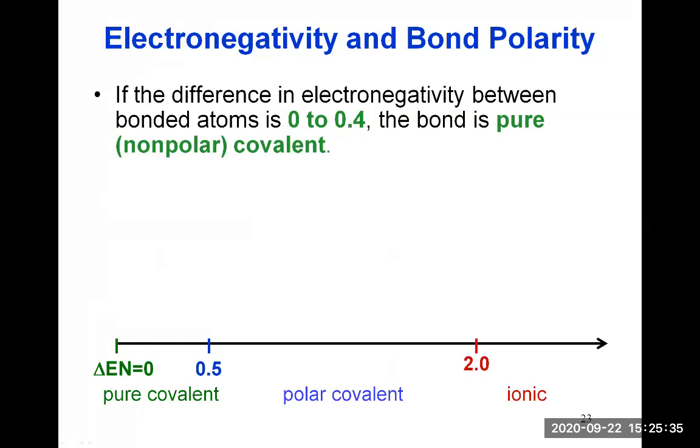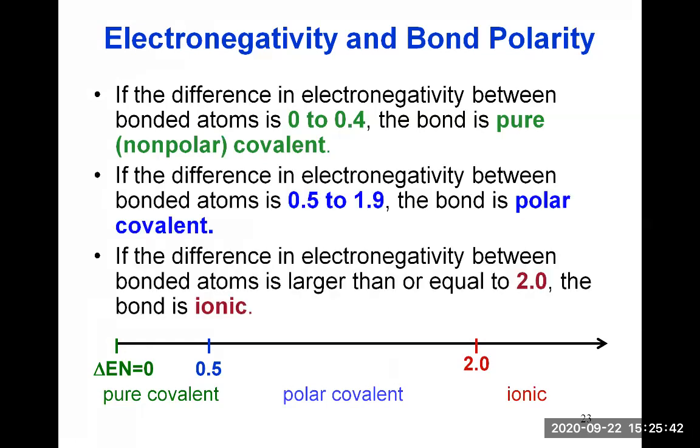So that's at the beginning of the scale to the left, pure covalent up to 0.4. If the difference in electronegativity between the bonded atoms is 0.5 to 1.9, the bond will be classified as polar covalent.